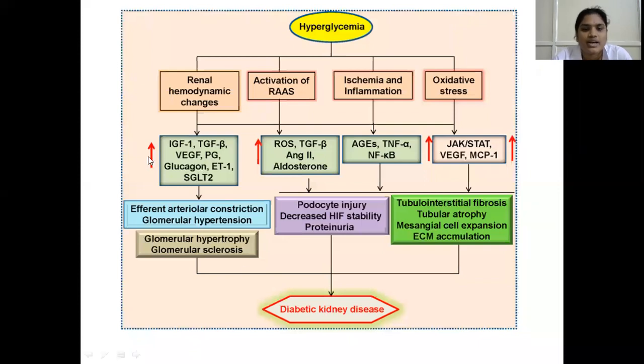So with glomerular hypertension, hypertrophy and sclerosis is seen. This is due to efferent arteriolar constriction, then podocyte injury leading to proteinuria, and tubulointerstitial fibrosis, tubular atrophy. These all finally lead to the same diabetic kidney disease.